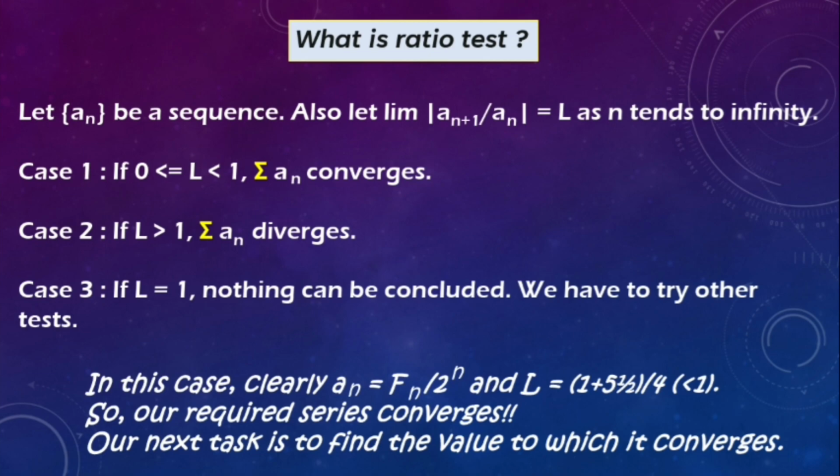And obviously, 1 plus root 5 upon 4 is bigger than or equal to 0. So clearly our given series, summation Fn upon 2 to the power n as n goes from 1 to infinity, converges. So it will have a finite limit. Our next task is to find the value to which the series converges.